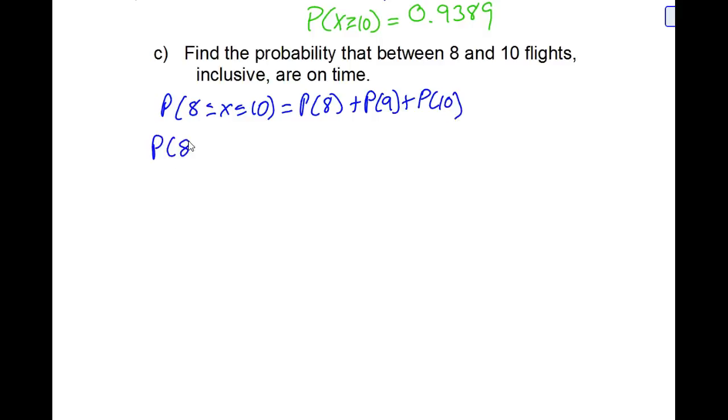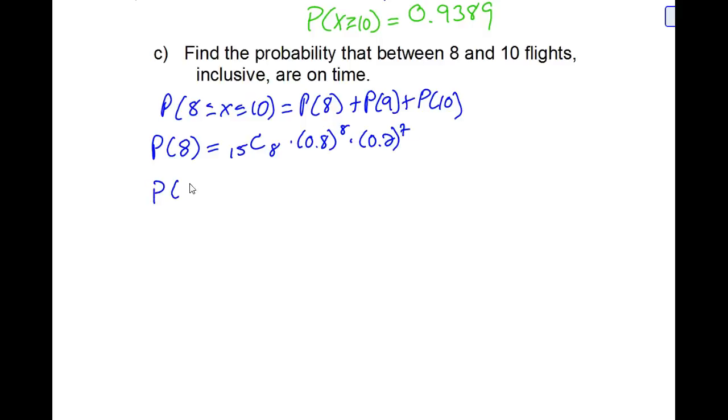So I need to do the probability of 8, which is 15 choose 8, times 0.8 to the 8th power, times 0.2. If I want 8 of them to be on time out of 15, that leaves me with 7 that are not on time.